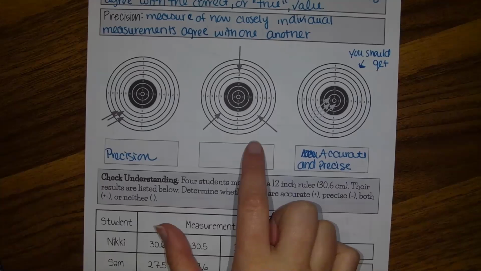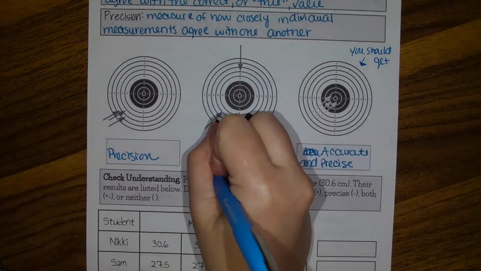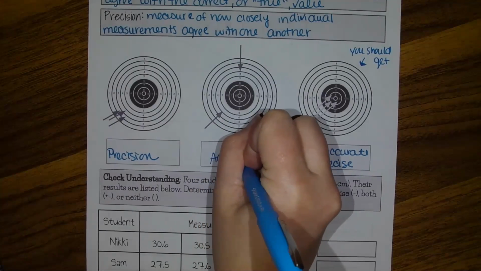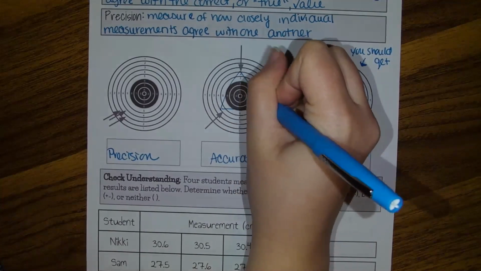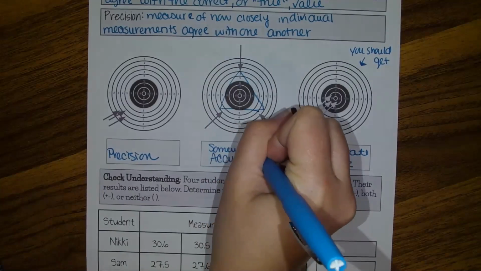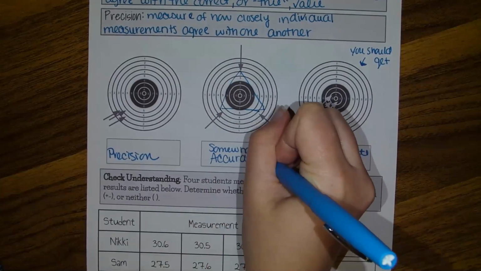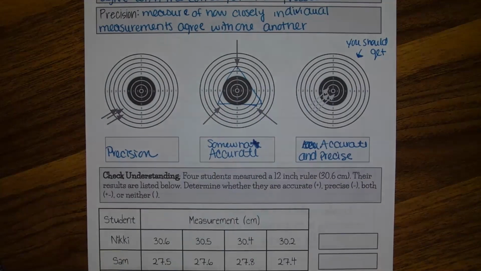Now, when we look at these, at first you probably think that they are neither accurate nor precise. They're not precise because of how they are spaced further apart, but they could be considered somewhat accurate because they're almost exactly evenly apart from the bullseye.